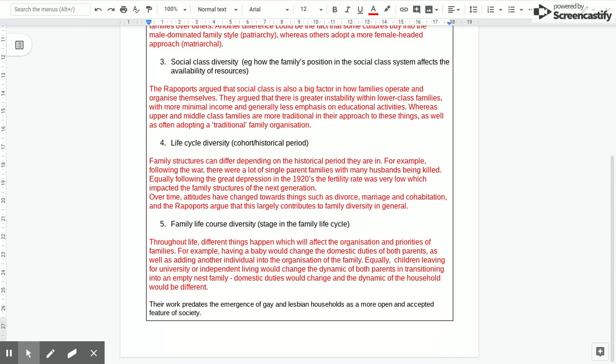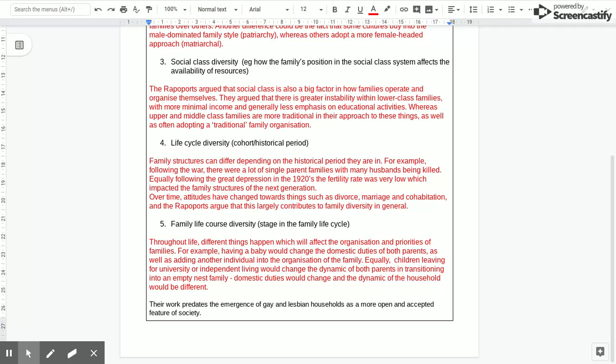Okay, so for example, if you were living in the 1950s or the late 1940s, then there were a lot more single parent families because sadly, the husbands in the families had been killed whilst out at war. So naturally, the period that you're living in has had a huge effect on what type of families there are around. Okay, equally in the 1920s, there was the Great Depression, sort of the economic instability of the time.